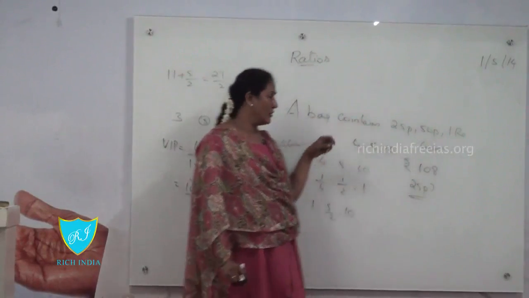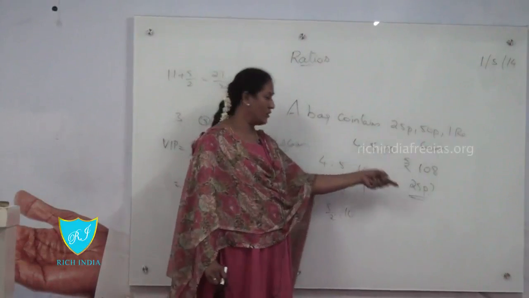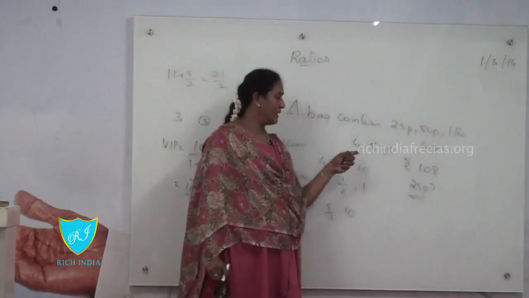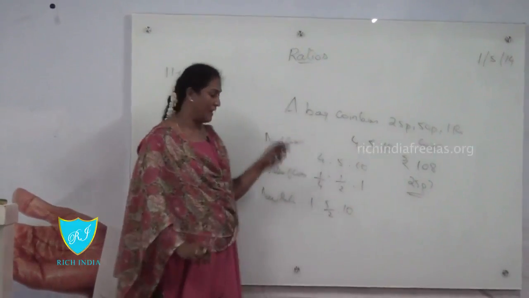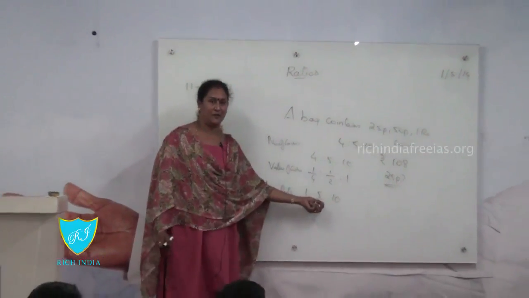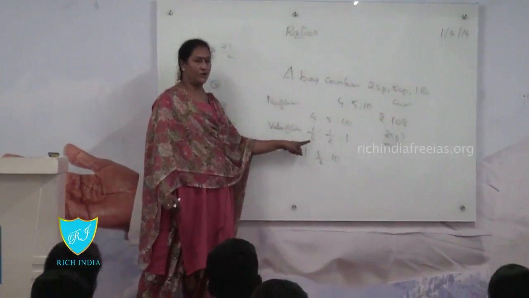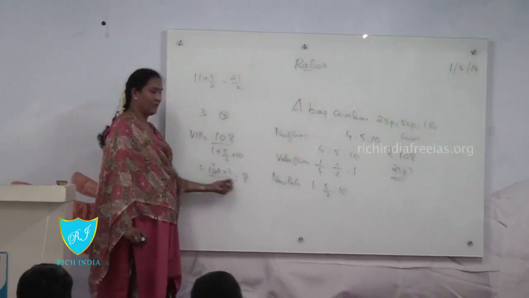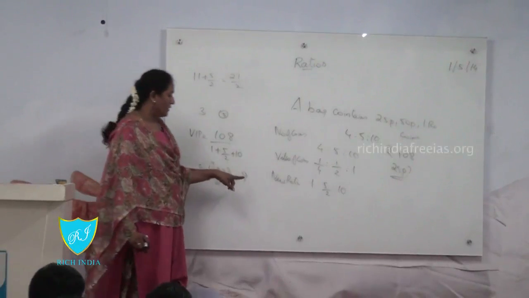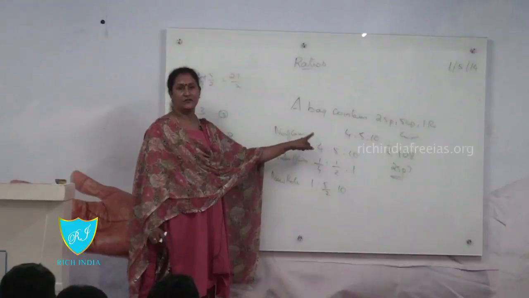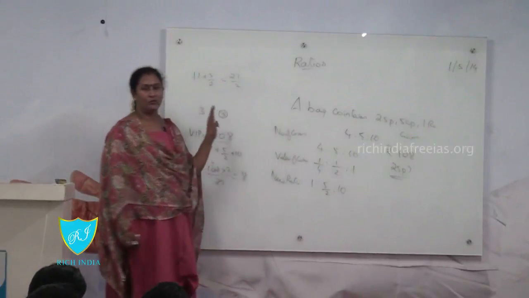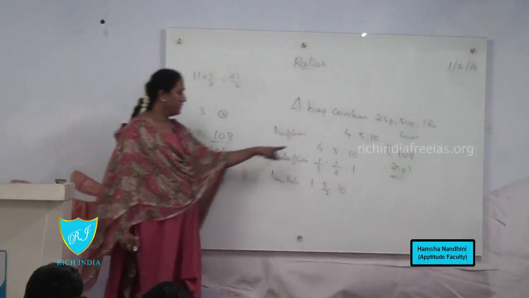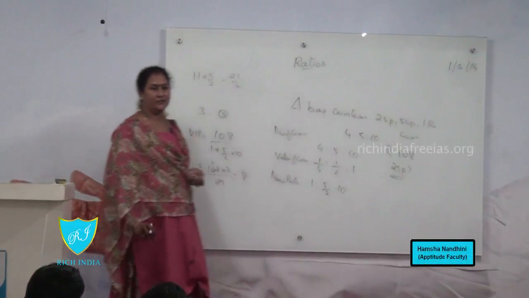We cannot divide this total value by the number-of-coins ratio. We can divide only by the value ratio. Dividing by its sum gives the value of one part, 8. So 8 into the number of coins 4 gives 32 coins of 25 paise. For 1 rupee coins, 8 into 10 is 80 coins.